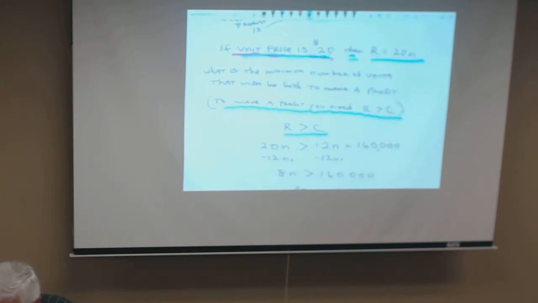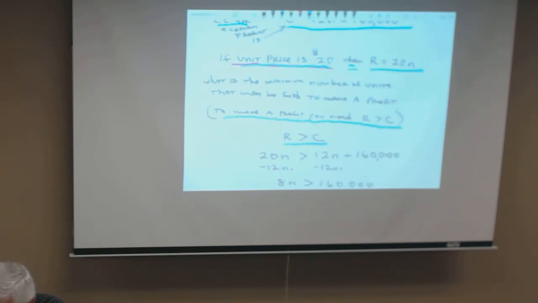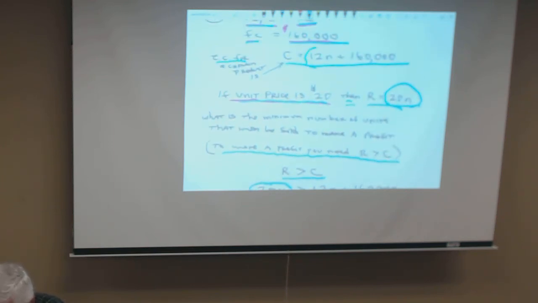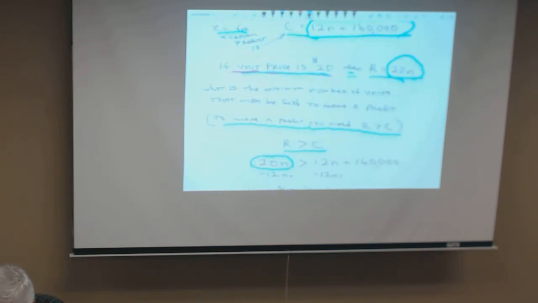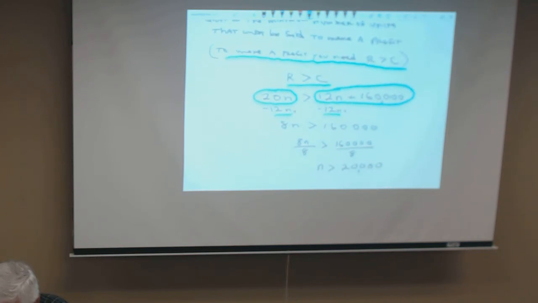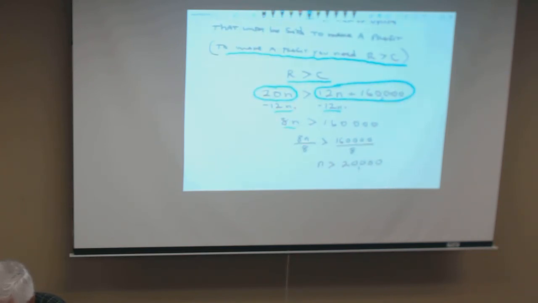What's R? R is 20N. What's C? That big old long formula. C is 12N plus 160,000. So I subtract 12N from both sides, and I get 8N is greater than 160,000.